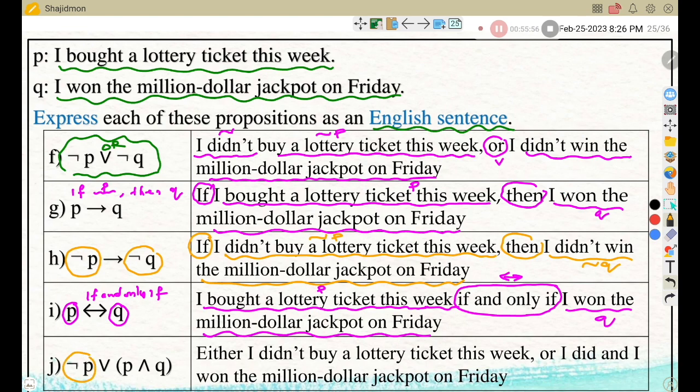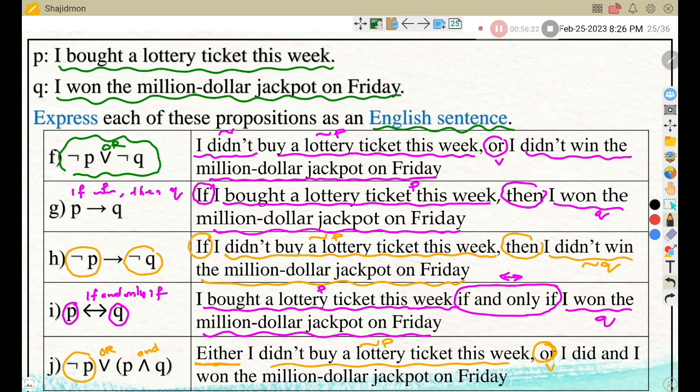Negation of p, or, this is or, p and q, correct. So how to write that one? First, either or is the or symbol. So either I didn't buy a lottery ticket this week, negation p. Whatever the expression, you can write the same in English.